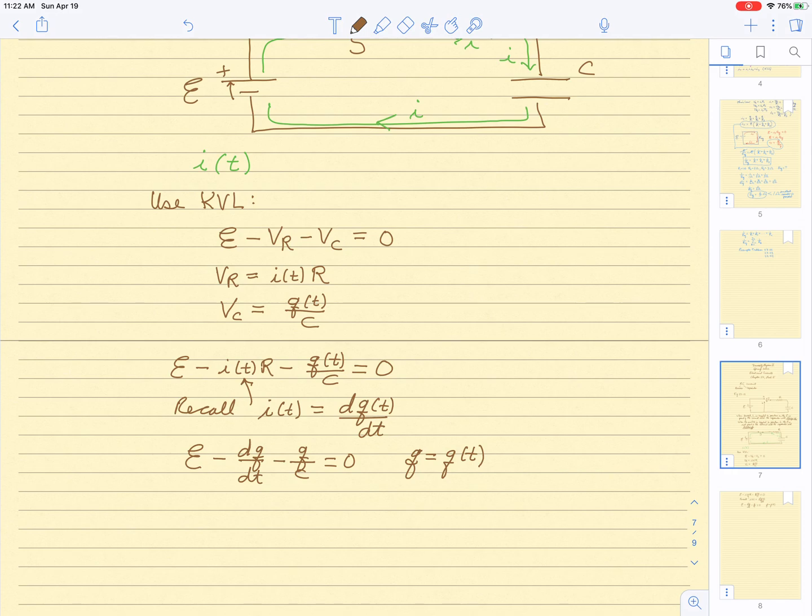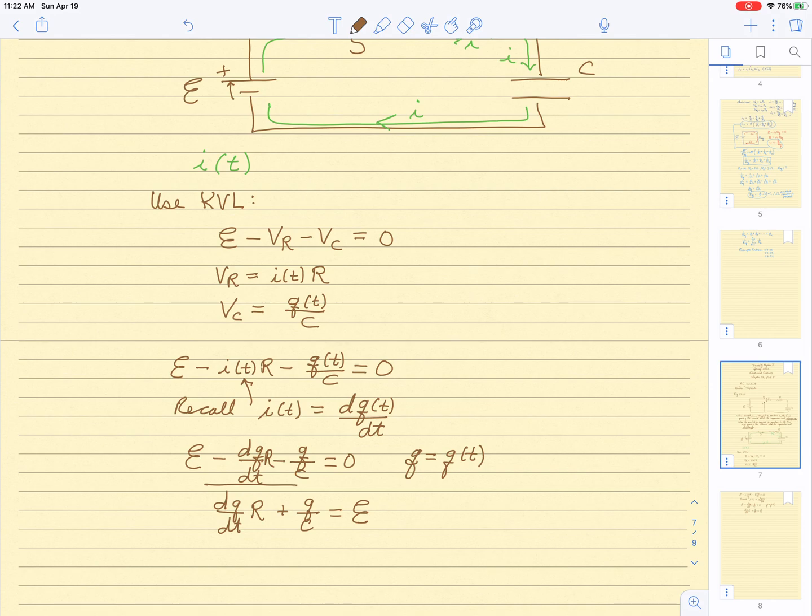And I'm going to rewrite this in the form that one normally sees it. So this is dq/dt. I forgot R in here, so there's an R. There we go. dq/dt times R plus Q over C is equal to E once we take care of the negative signs.